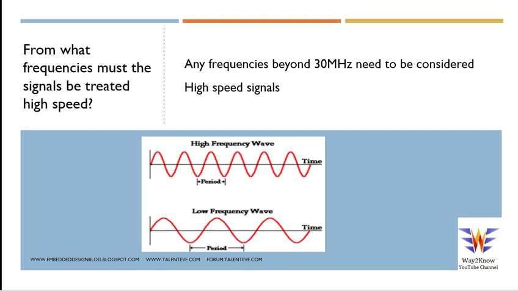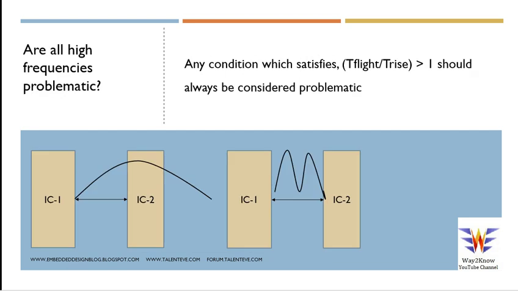That means the rise time reduces. So any frequency beyond 30 megahertz, for that specific rise time, can be considered a high speed signal. If you are working on any design on your board and going beyond 30 megahertz, you have to take all the special design considerations, which we'll be talking about in future videos, to make your design work.